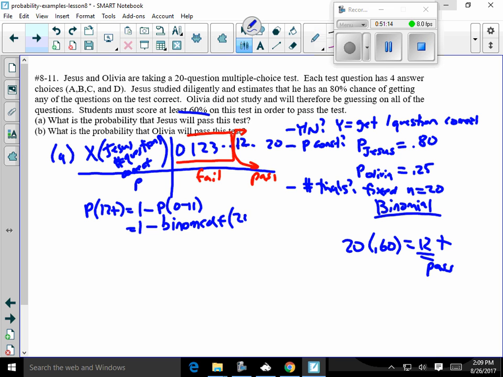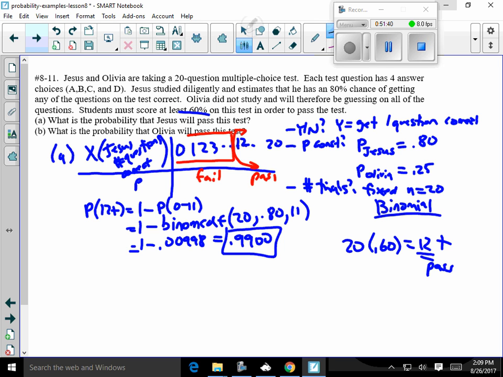Out of 20 trials, 20 questions, Jesus' probability of getting one correct is 0.80. And we're going to go up to and including 11, so we get everything except the 12 and on. If you plug that in a calculator, that turns out to be 1 minus 0.0998, which means Jesus' probability of passing the test is 99%.